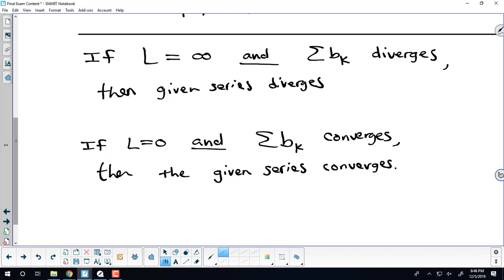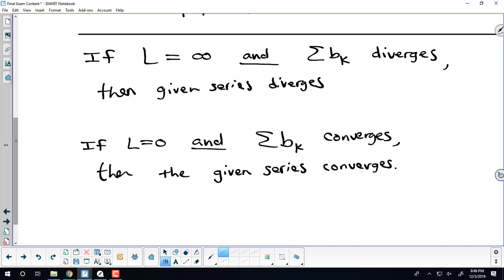If both conditions aren't satisfied at the limit 0, let's say, and b diverges, then that tells you nothing. If it's a finite non-zero number, then both series do the same thing for the limit comparison.